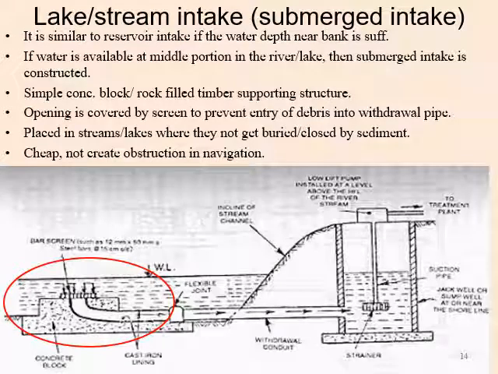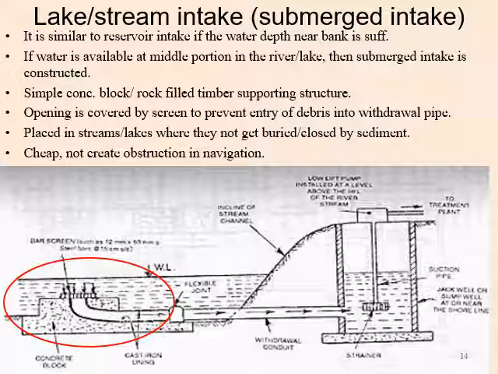Next is the submerged type of intake, maybe in a lake or stream. It is almost similar to the reservoir intake if the water depth near the bank is sufficient.